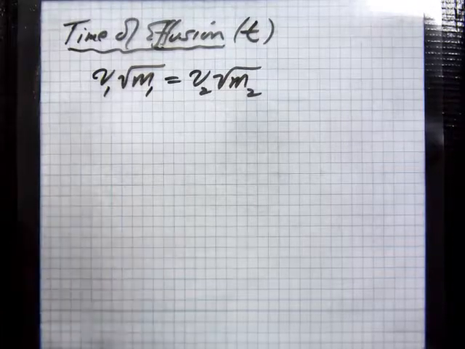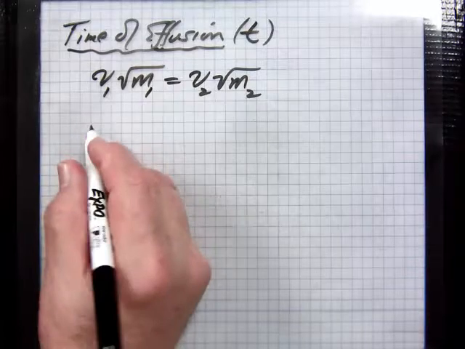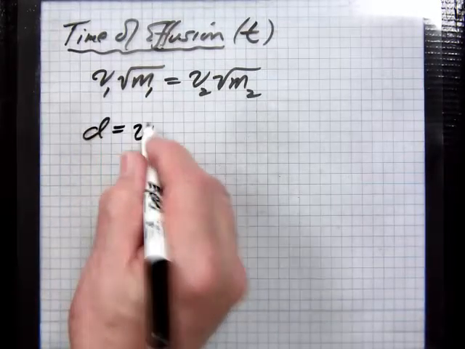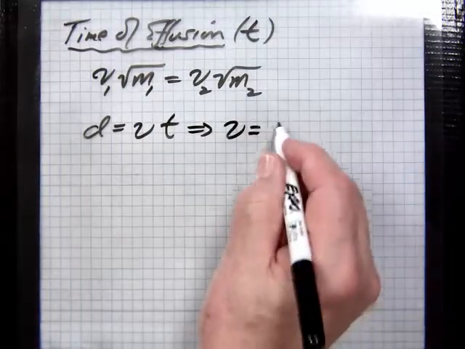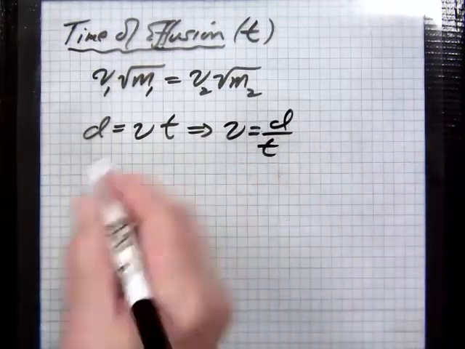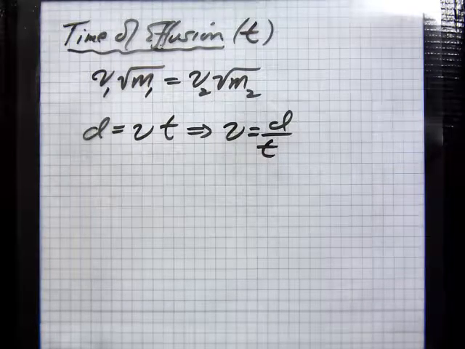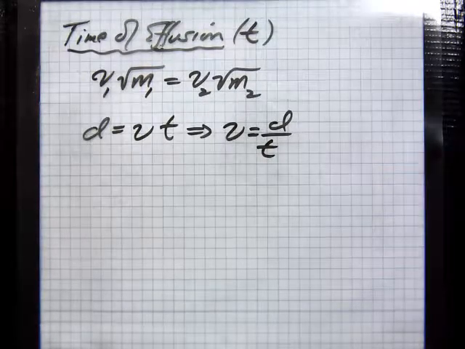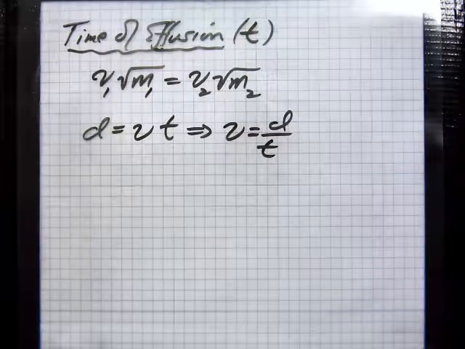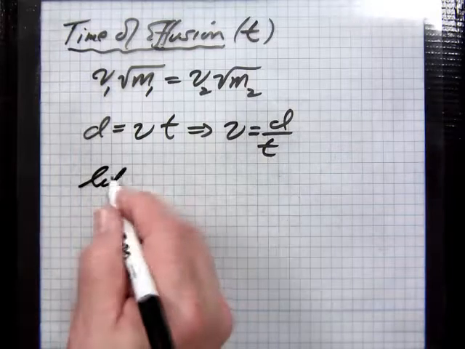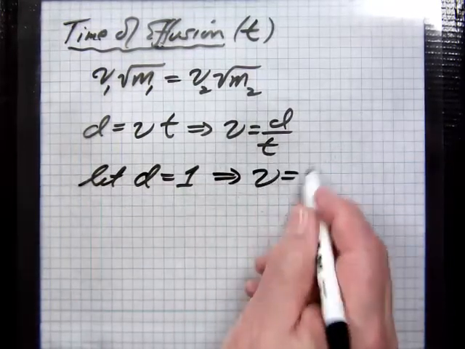Our physics friends tell us that we can change the velocity number using the equation distance equals velocity times time. And velocity is equal to distance over time. And if we assume that the gas is coming out of the same bottle, transitioning across the same wall, and we just said let the distance be unity, 1, then velocity is equal to 1 over t.